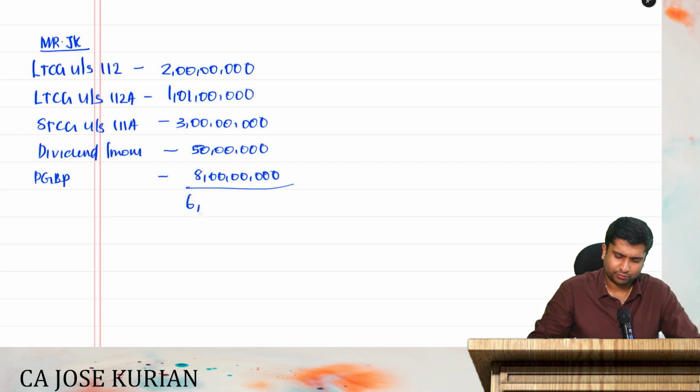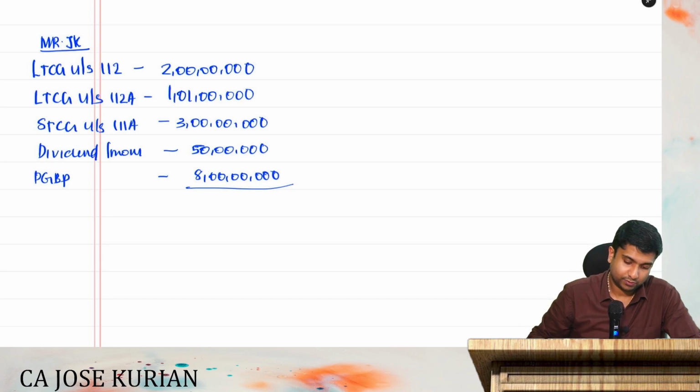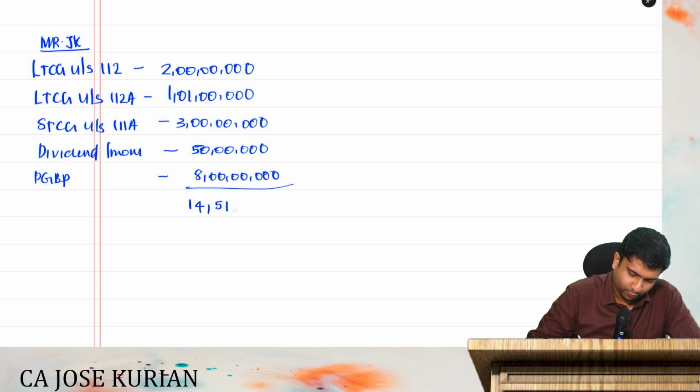Not 6 crore, it's wrong. This itself is 8. Adding these, how much will be the total income? 14 crore 51 lakh is the total income.